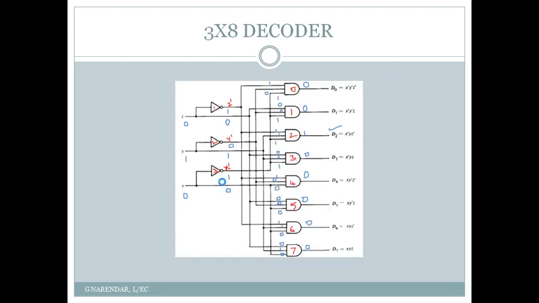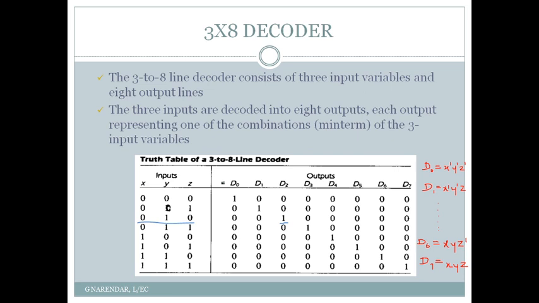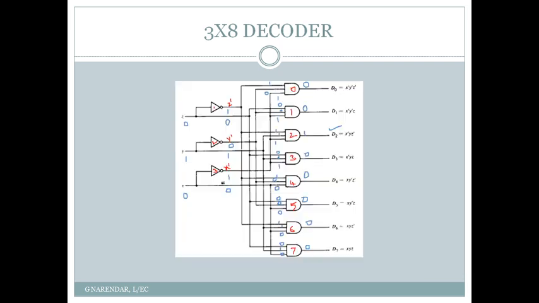And after that, from the truth table, we were able to draw the combinational logic circuit for the 3 by 8 decoder using our basic logic gates.